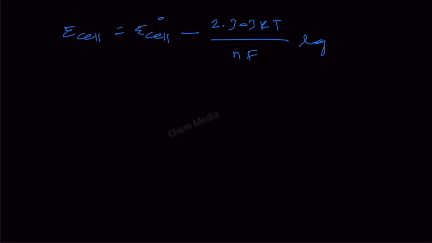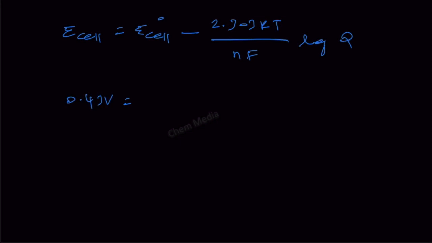Now let us use the next equation. Next equation is E cell is equal to E cell standard minus 2.303 RT divided by nF log Q. So here E cell value is given, that is 0.43 volt.